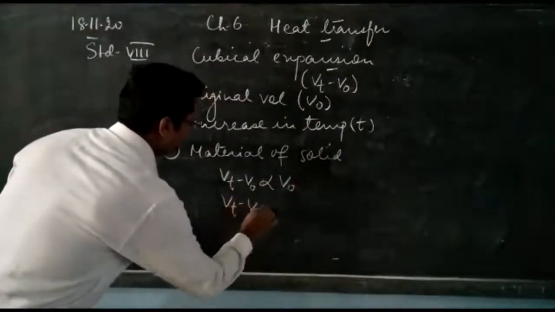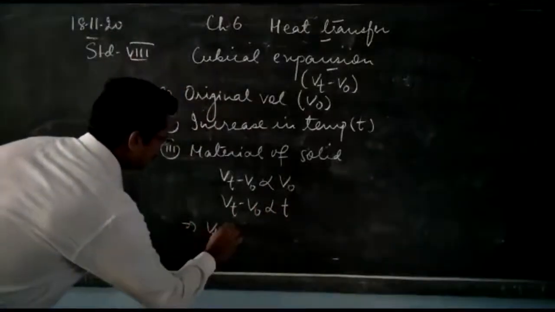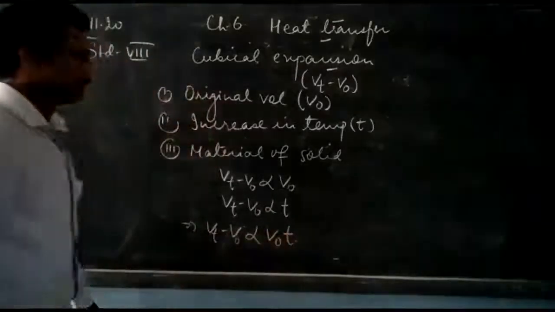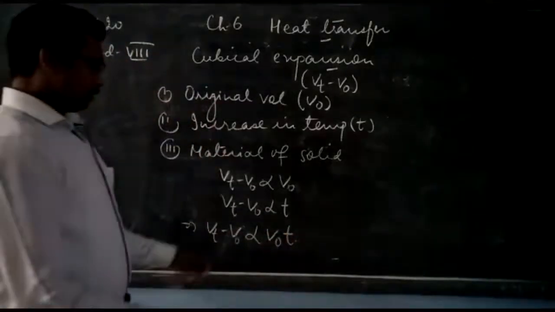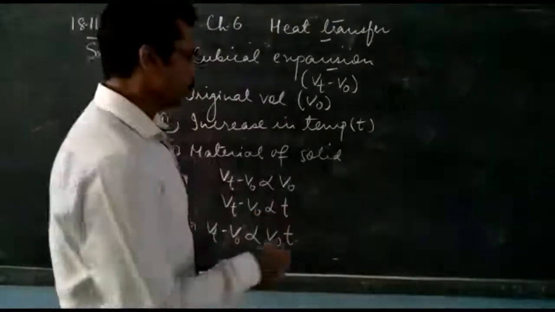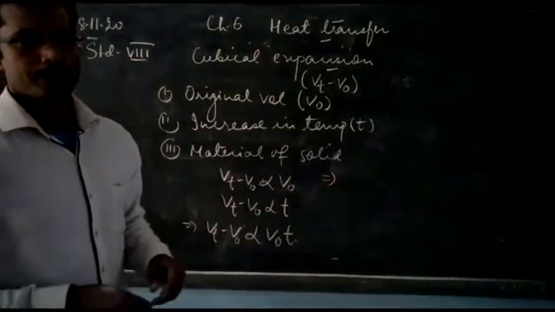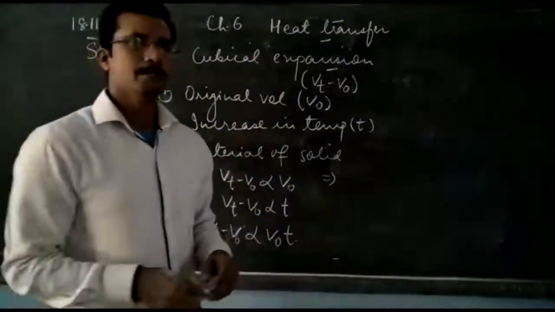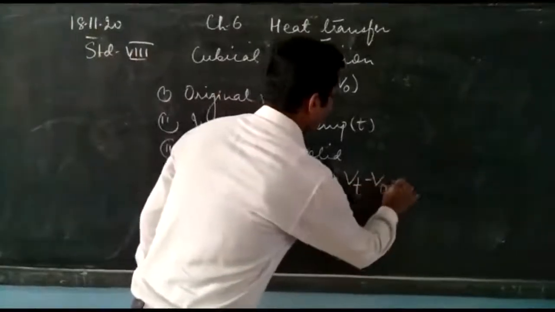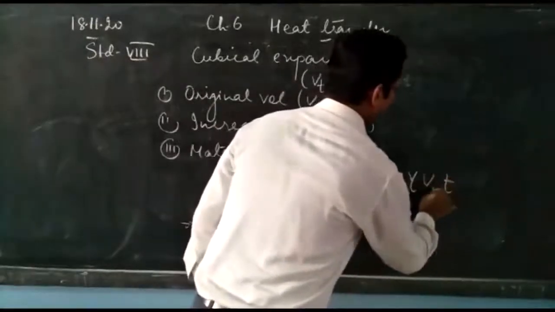It is directly proportional to increase in temperature. We can combine the two and write as VOT. Again we are going to remove this proportionality sign, and to convert into equality we are going to put one constant, and here the constant is gamma. Let us see. So we have Vt minus Vo equal to gamma VOT.